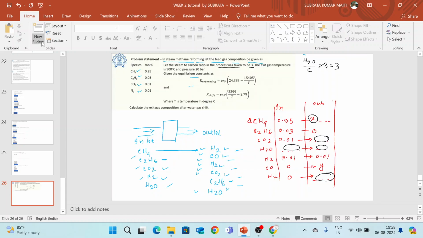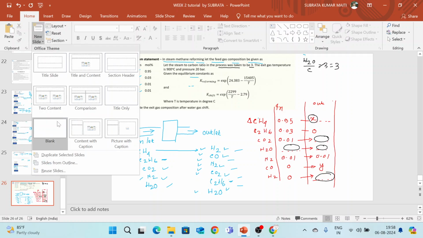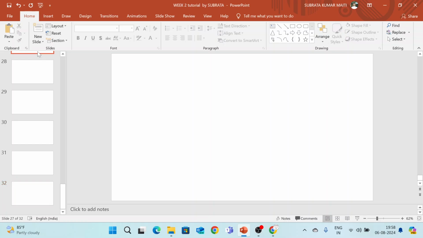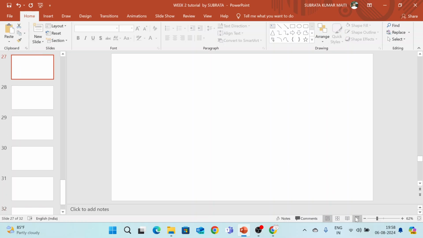Let me add a new slide. What are the different reactions? This is the SMR reaction: CH4 plus H2O.